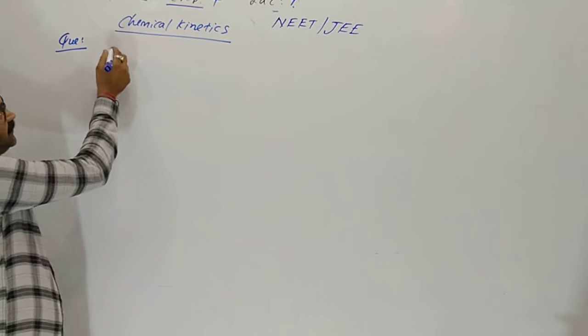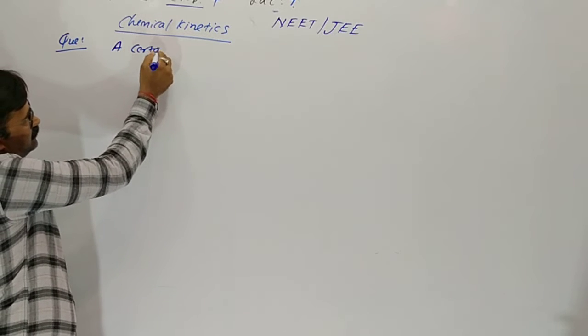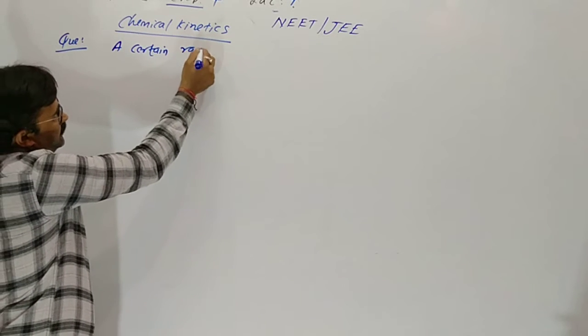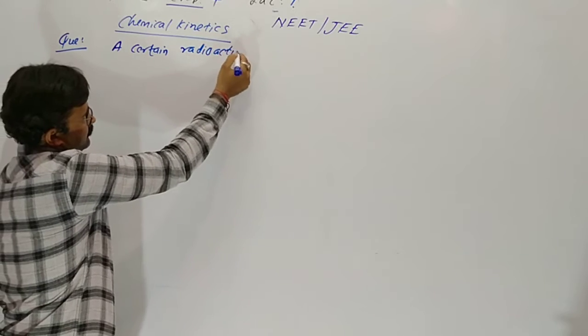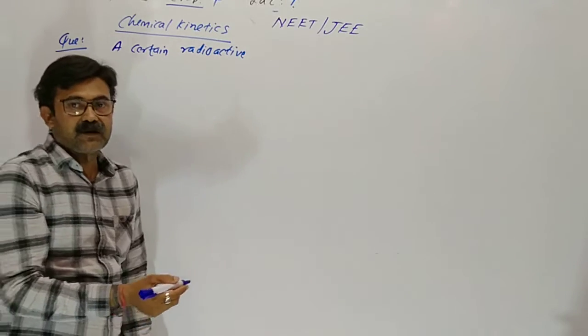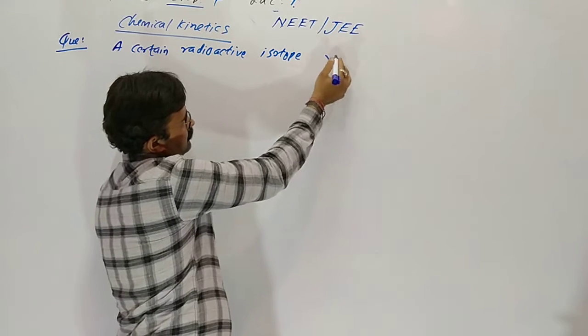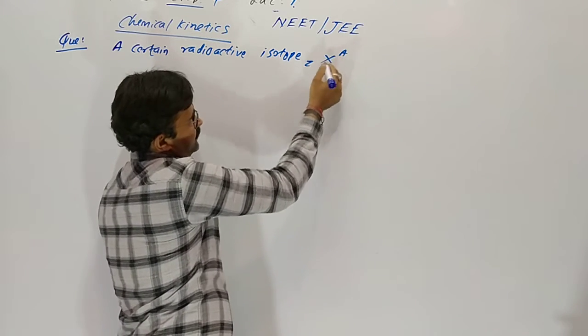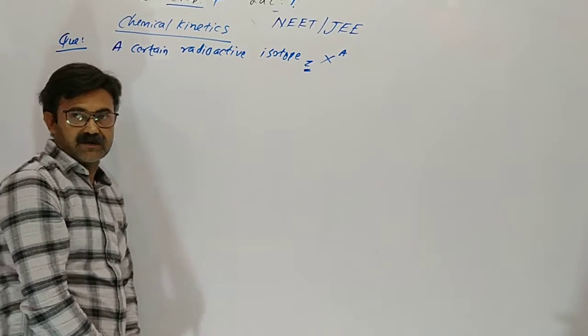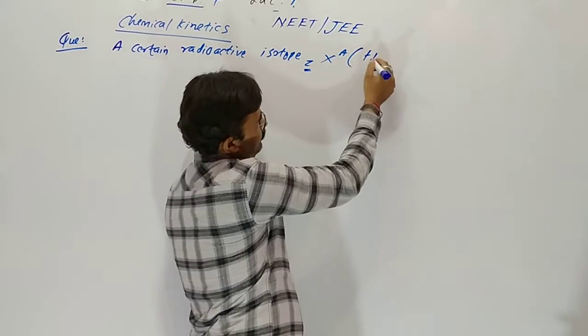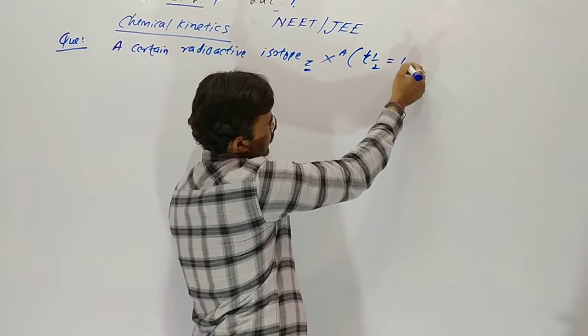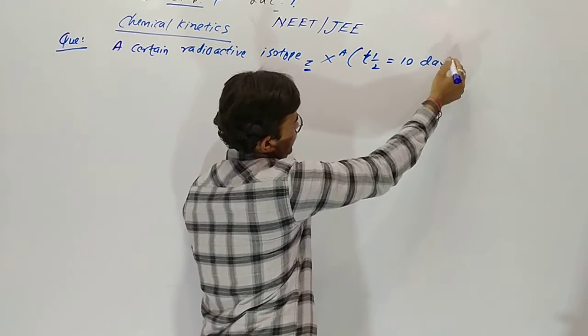A certain radioactive isotope X, Z is the atomic number, A is atomic mass, and the half-life period of the radioactive element is 10 days.